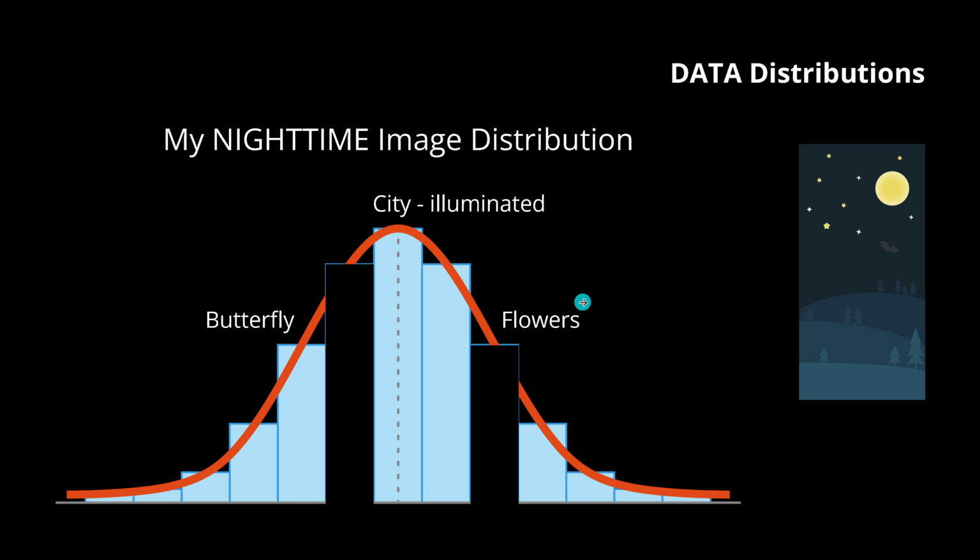I have no images of flowers because if it's completely dark, I can't find the flowers. So you see, my nighttime image distribution is different from my daytime image distribution. And some are not even there. And maybe I don't even have a symmetry in my nighttime image distribution because some major blocks are missing from my normalized distribution, for example.